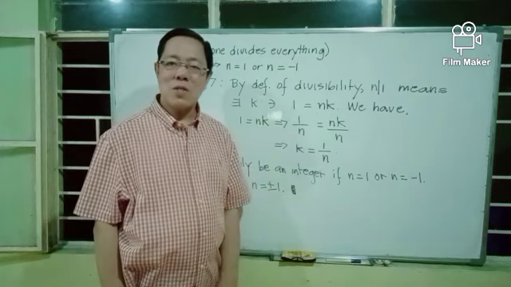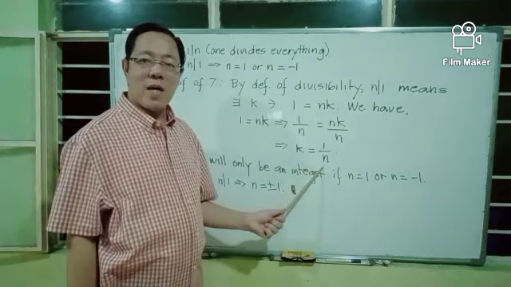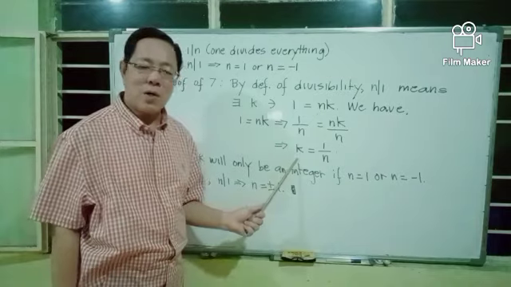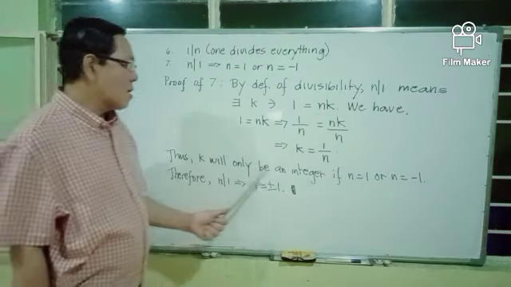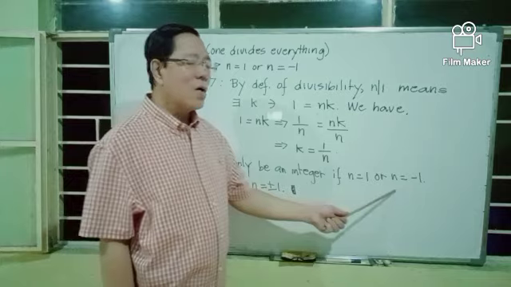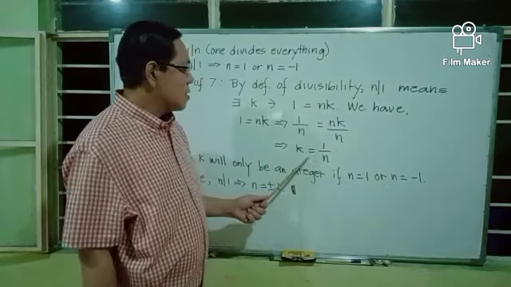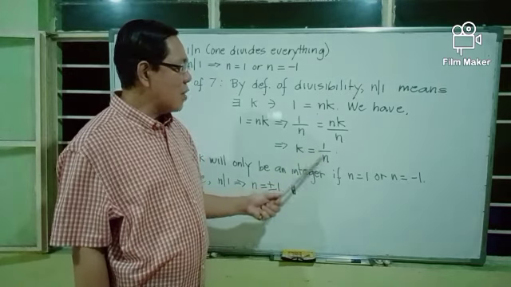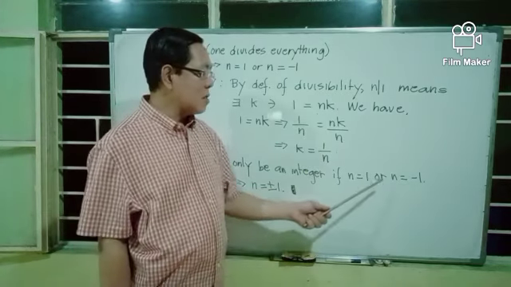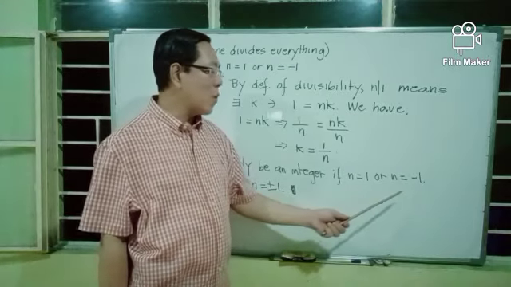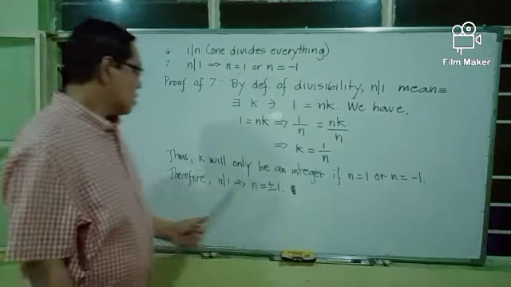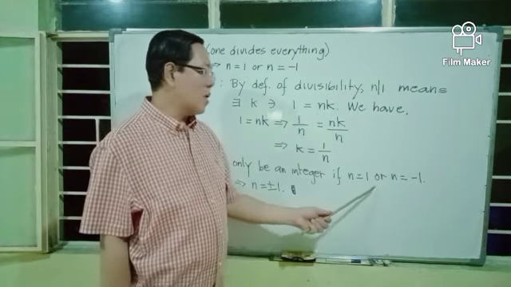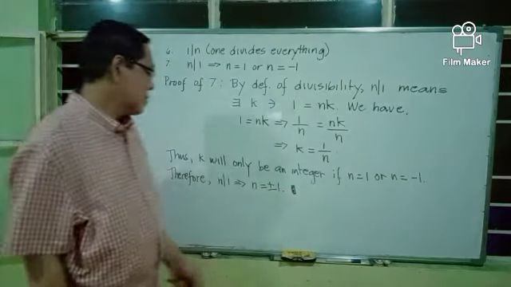Thus, the only values of n that will make 1 over n an integer, which is the integer k we are looking for, is 1 or negative 1. The only way for this fraction 1 over n to be an integer is when n is 1 or when n is negative 1.